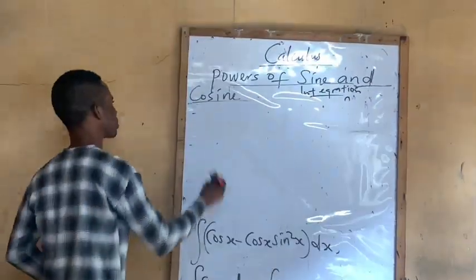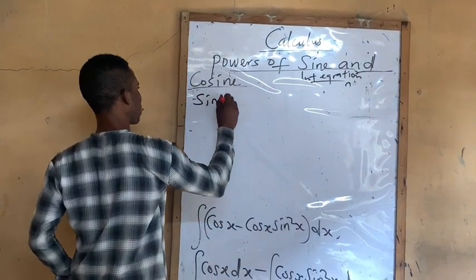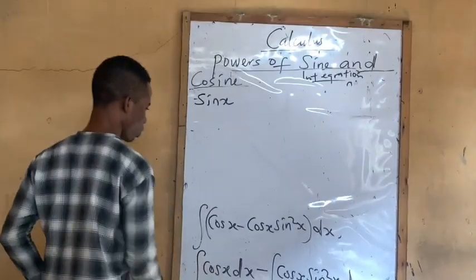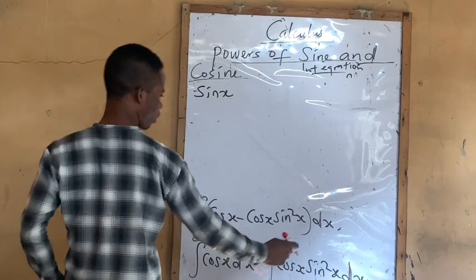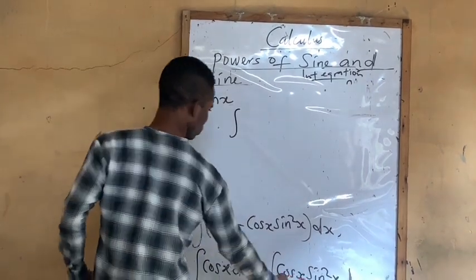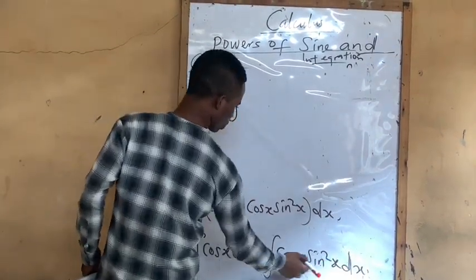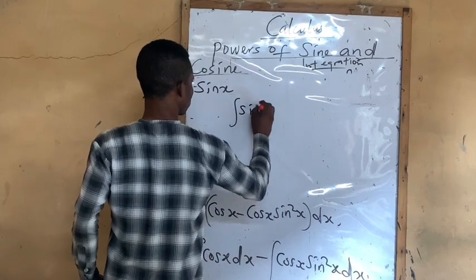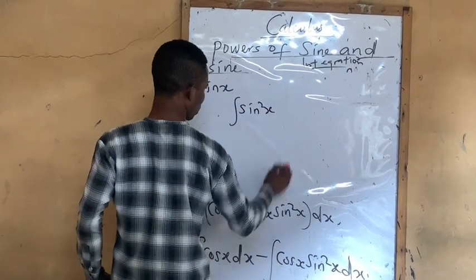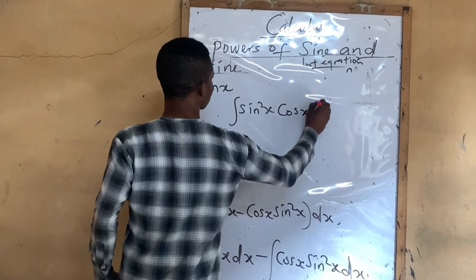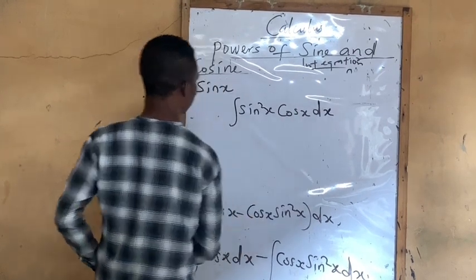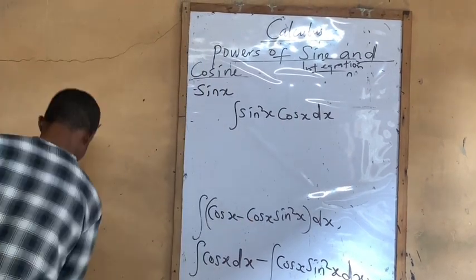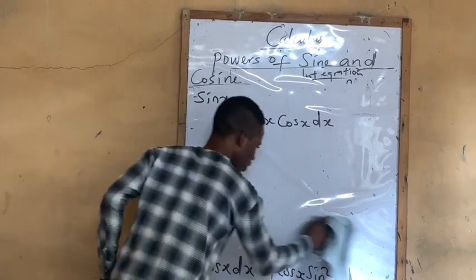That is sine x. So we need to get the answer for this. Now for this, the integration of sine square x cos x dx, we solve for it separately.